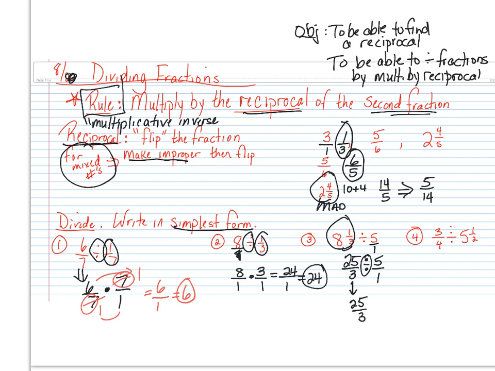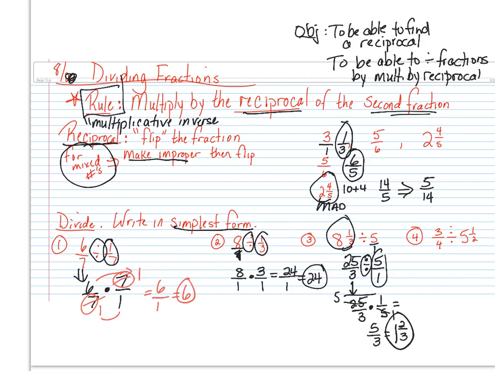Change to multiply. Find the reciprocal, which is 1/5. See if I can cancel. Well, notice 25 and 5 both share 5. So 5 divided by 5 is 1. 25 divided by 5 is 5. Multiply straight across, and I get 5 over 3. That's improper, so I'm going to make that 1. So it goes in there one time with 2 left over. And there's my answer.